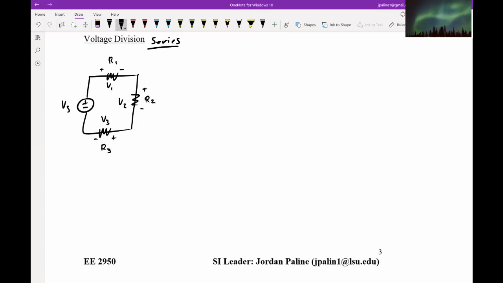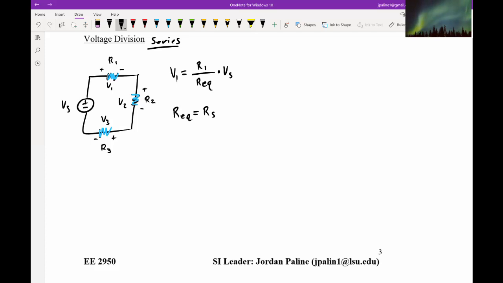Say we want to know the voltage across one of these specific resistors. Say we wanted to find voltage across resistor 1. Well, what we'll do is we'll say R of 1 over R equivalent times V of S. And here, R equivalent is going to be equal to R of S.